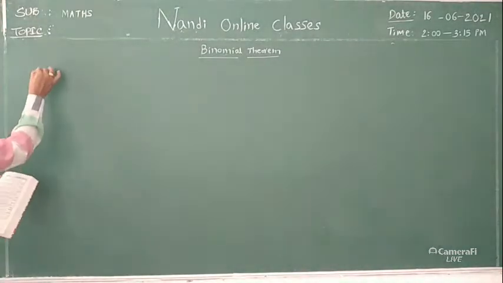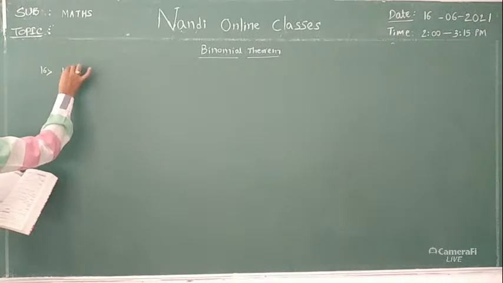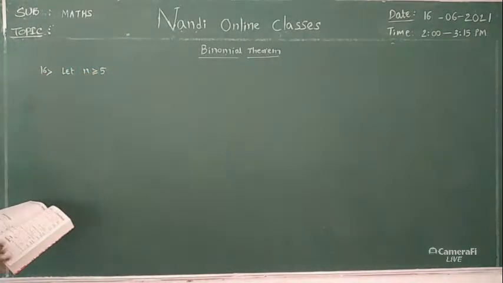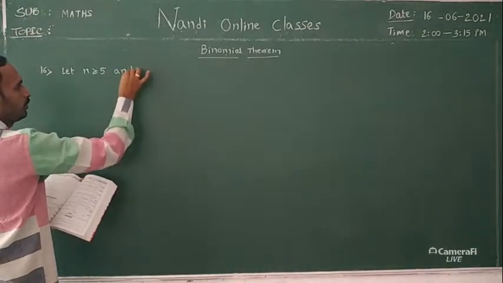Let n be greater than or equal to 5 and b not equal to 0.